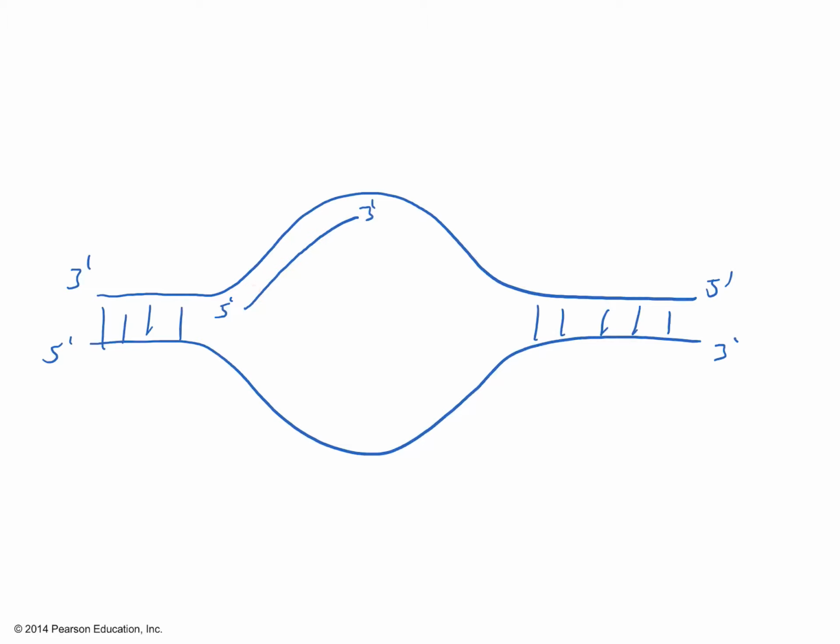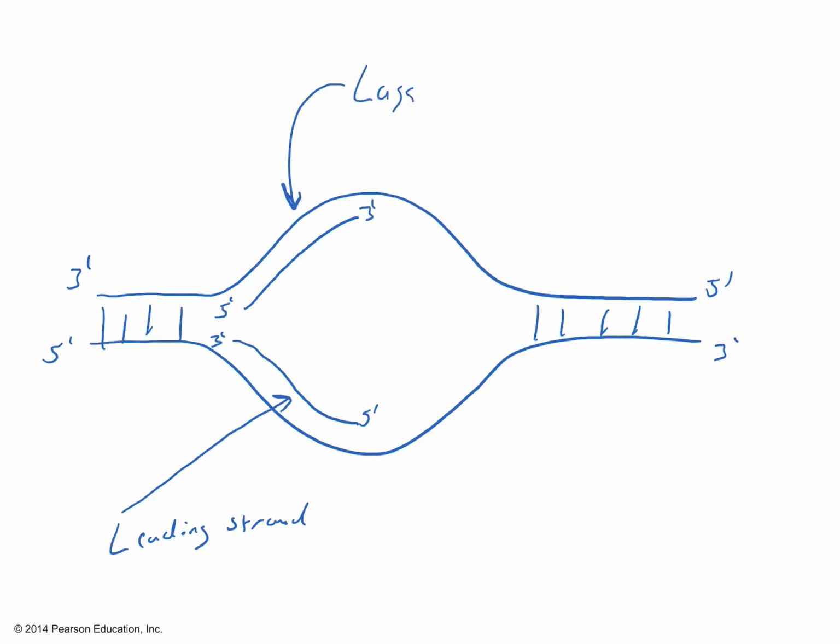Now, what do we have down here? Well, if this is 5', that would be 3'. That makes this 5' and this 3'. This daughter strand is the leading strand. That's the one I just described in the previous slide. This one is called the lagging strand. This is where the problem is.